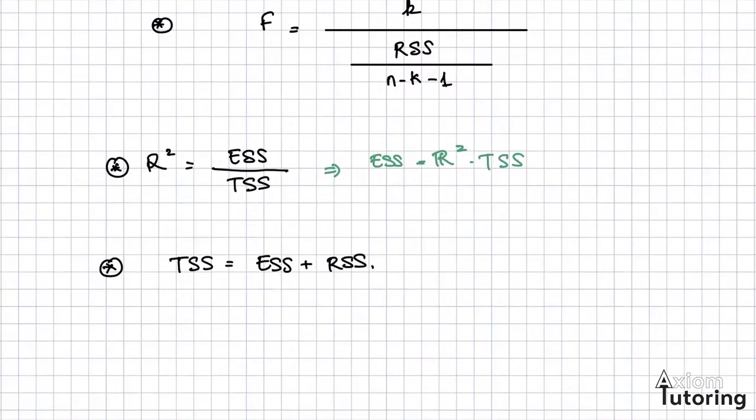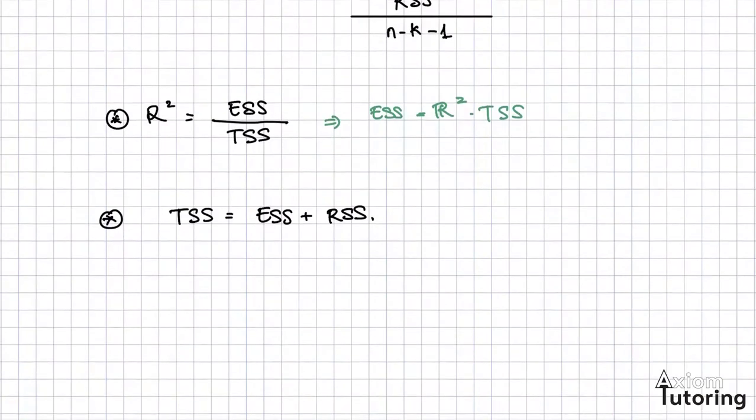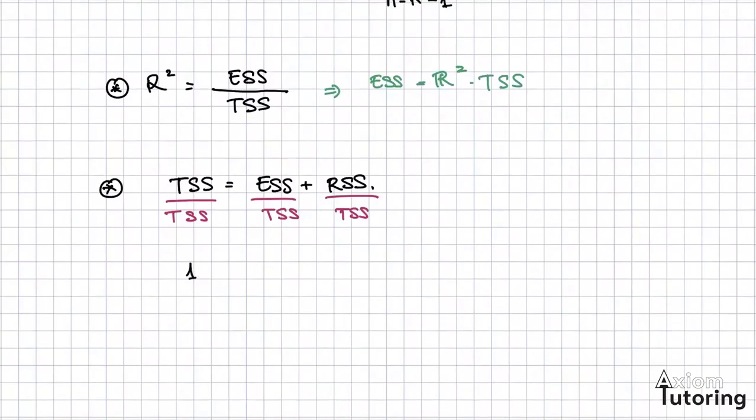And using all three now, let's get to the formula that we're aiming for. Starting from TSS equals ESS plus RSS, if we divide everything by TSS, we are not really changing the value of this equation. We can then rewrite it as 1 being equal to ESS over TSS plus RSS divided by TSS.